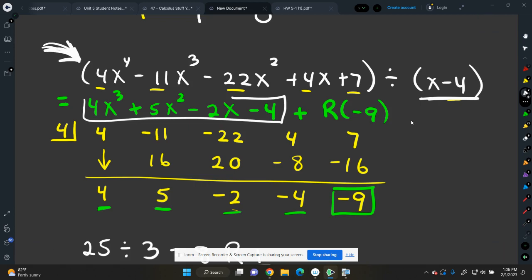You have to add the remainder. Does everybody understand that? So this is how we check to see if they're divisible. So 4x to the 4th minus 11x to the 3rd minus 22x squared plus 4x plus 7 is not divisible by x minus 4. It doesn't go evenly. Okay?